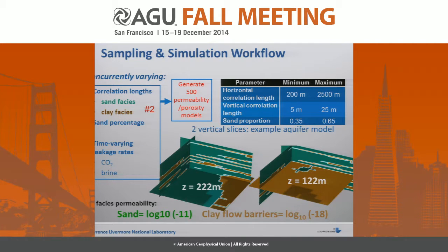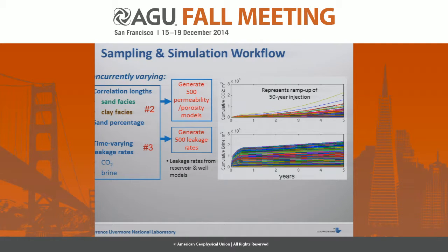Here's just one example of an aquifer model where we have two different vertical slices. You see that the facies are allowed to extend throughout the model. Then we borrow those leakage rates from the previous work. We have 500 different leakage rates, where I'm showing the cumulative CO2 and brine here.